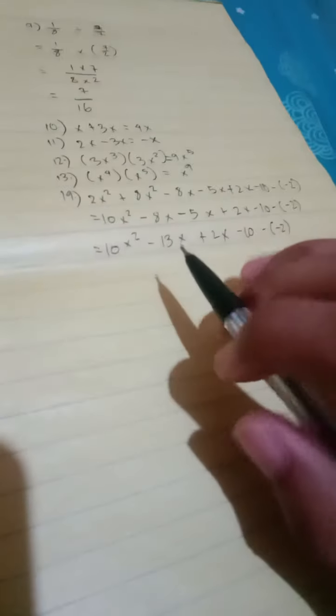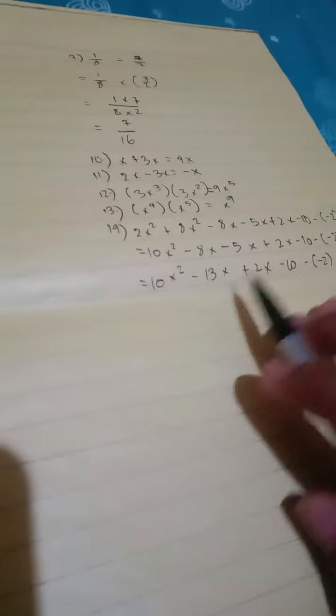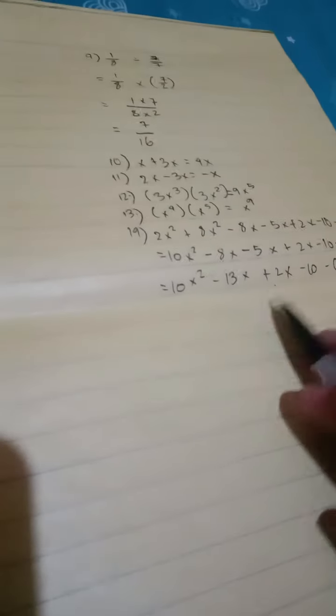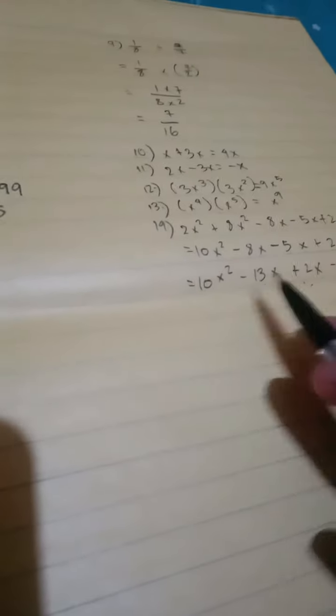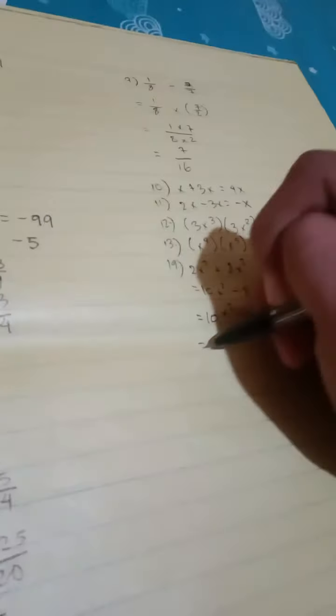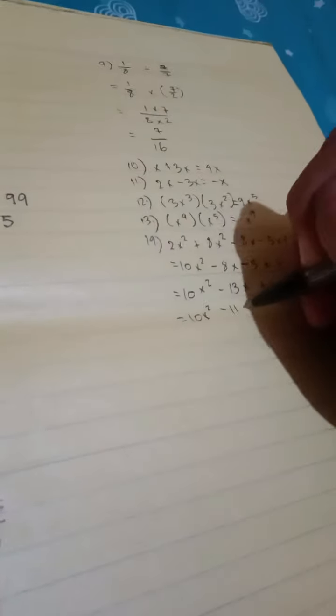Next, combine negative 13 and positive 2 to get negative 11. Since they are not the same sign, we subtract and it will become negative 11. We've got 10x squared over here, then negative 11x, negative 10 and negative 2 inside.